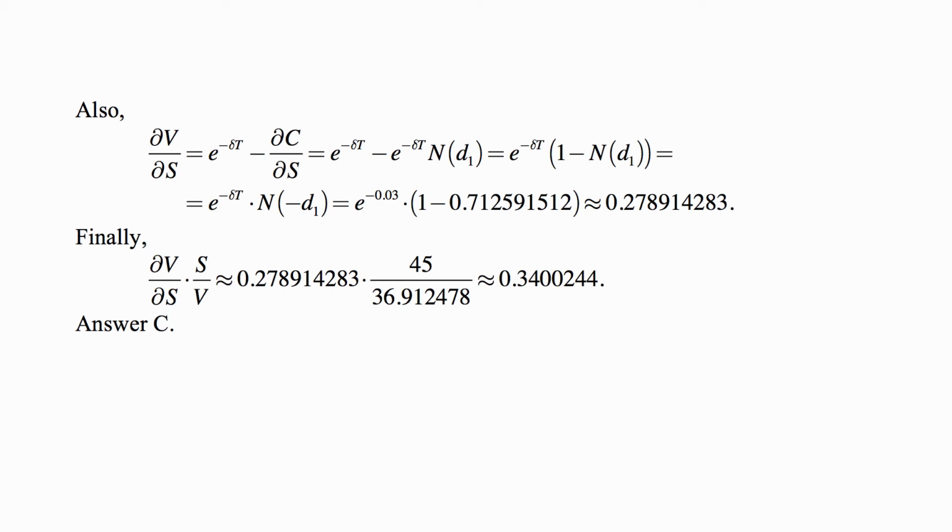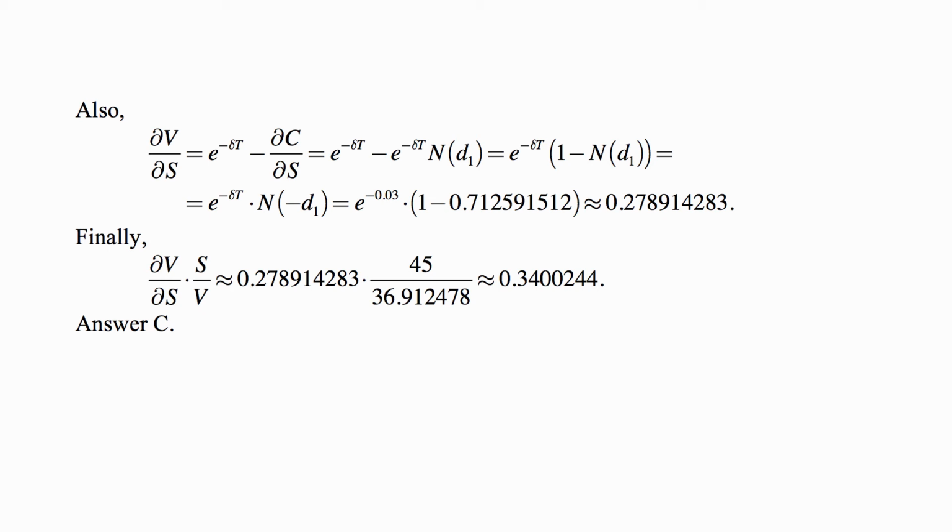Because we have e to the minus delta t in both of them, this whole thing is equal to e to the minus delta t times 1 minus N of d1, or the same as N of minus d1. In any case, that's 1 minus the N of d1 that we calculated before, so we plug it in and we have this value.